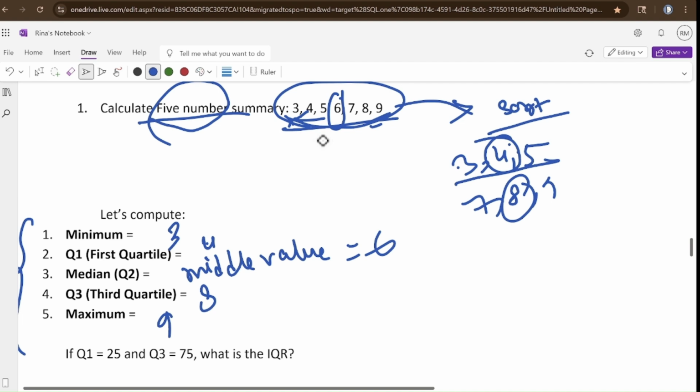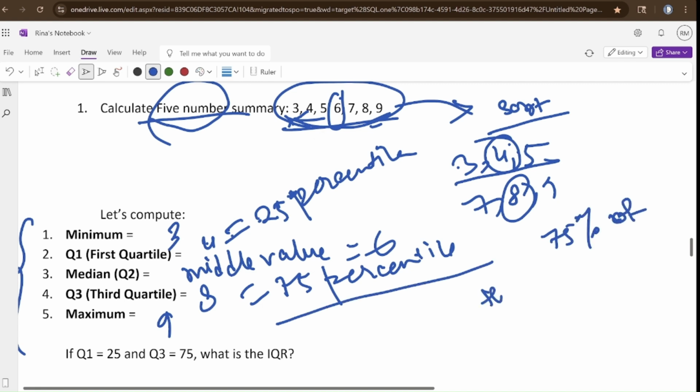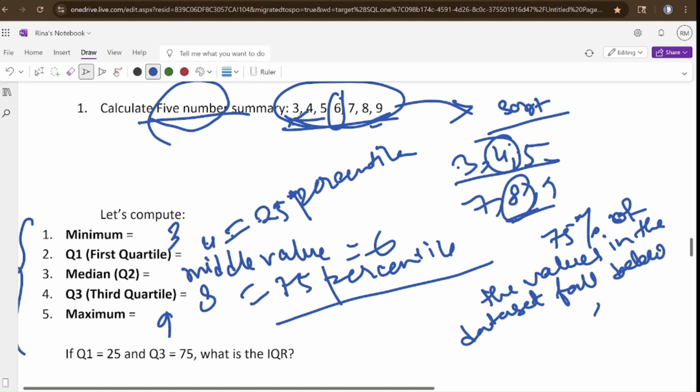Clear? So this is also known as the 25th percentile, and this is also known as the 75th percentile. And what does it mean? 75th percentile means 75% of the values in the dataset fall below 8.